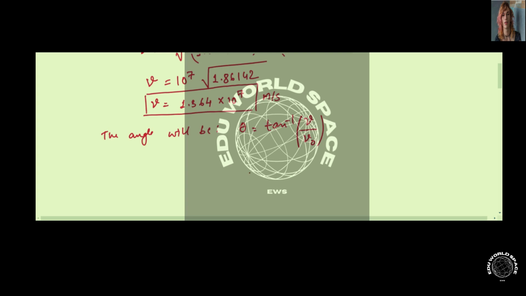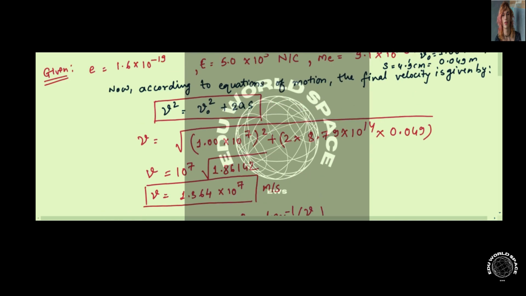So it must be tan inverse of 1.364 into 10 to the power 7 divided by V naught, which is 1.00 into 10 to the power 7 meter per second. So this cuts off.